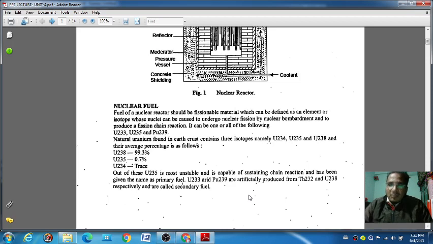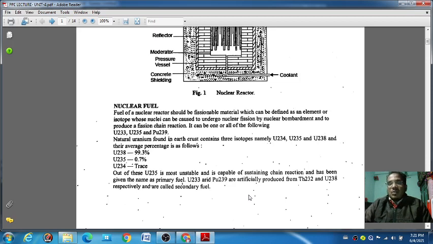Bombardment means, like when you make nuclear bombs, we use nuclear energy to produce a fission chain reaction.